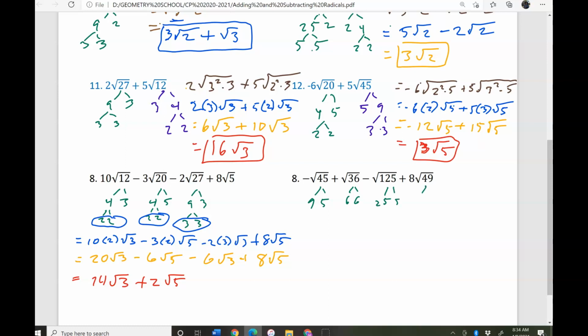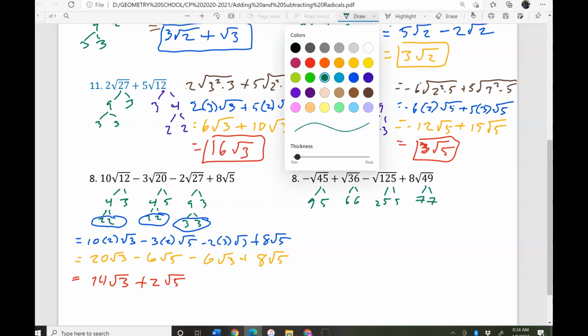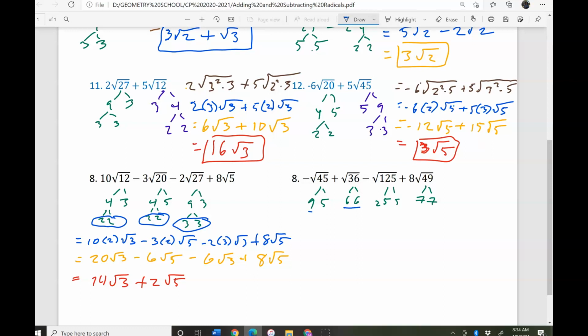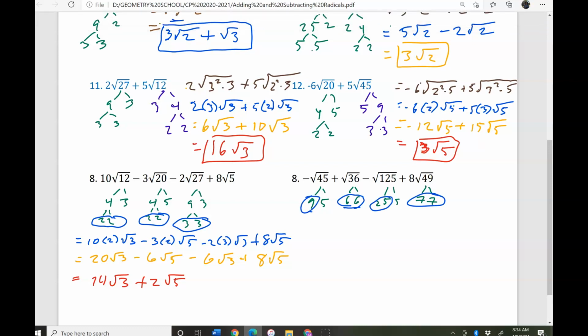And this is 7 times 7. So, I'm hoping we start to see these perfect squares. Alright, those are perfect squares. So we're going to pull those out.